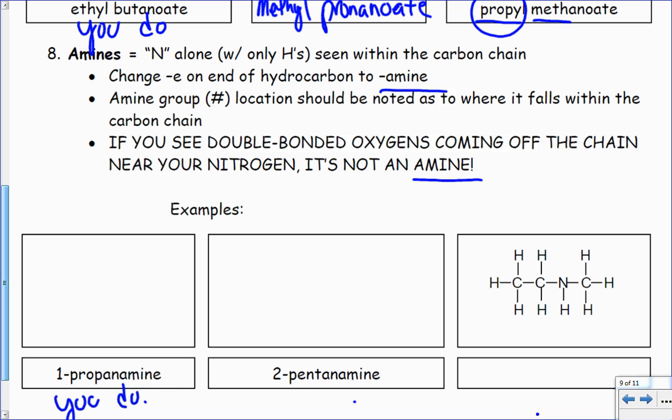So it's 5 carbons. On the second carbon, I'm going to stick in an N. And now it's hydrogens. So it should look like that.